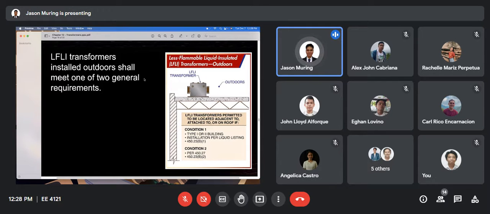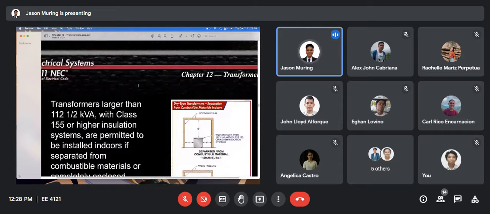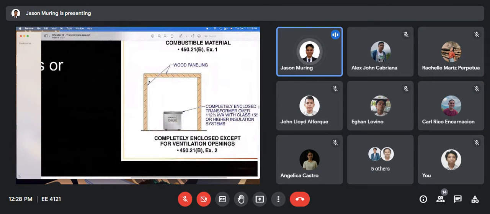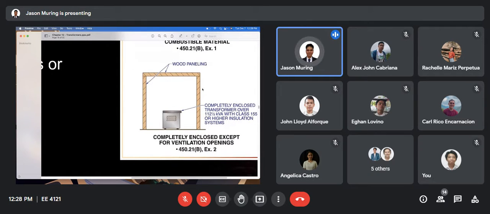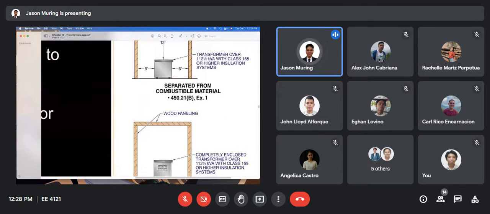Unless your transformer is fully insulated, okay, or it has some kind of an enclosure that makes sure nga walay fire nga metal. Okay, so just like for this example here. It's allowed, even if this is combustible, because this is wood, so it's still allowed to install without specific clearance if this transformer is completely enclosed.